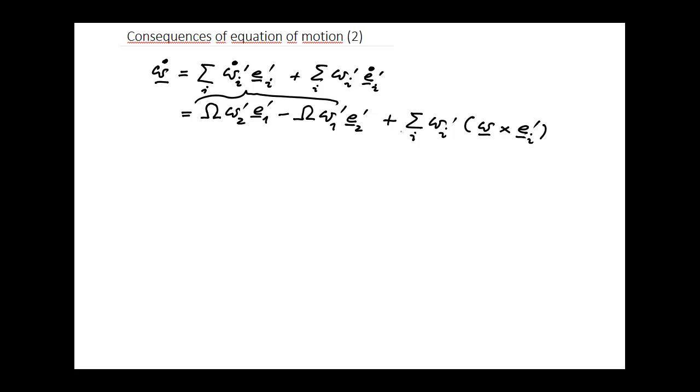But then, sum over i, omega i prime, Ei prime, this is again omega. So in this second contribution we have omega cross omega, but the vector product of a vector with itself is 0. So in fact this whole term vanishes.